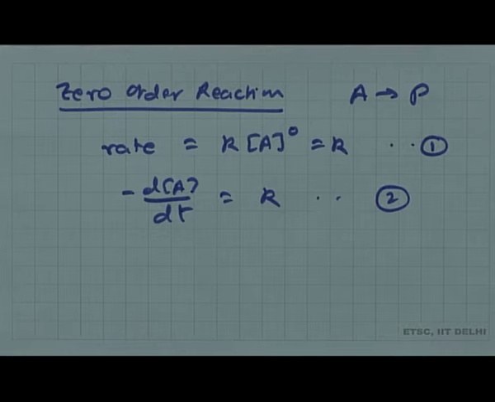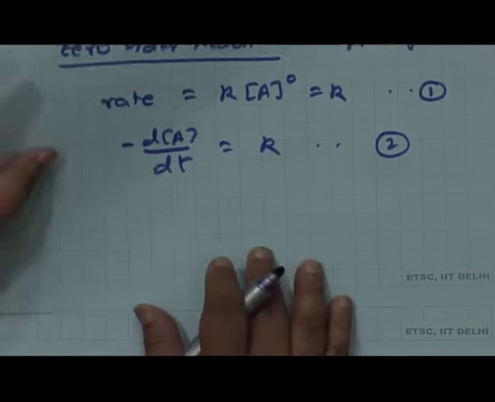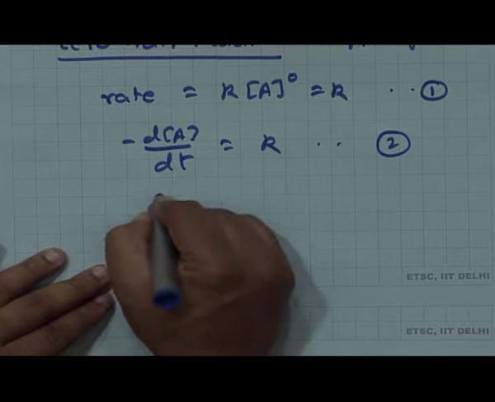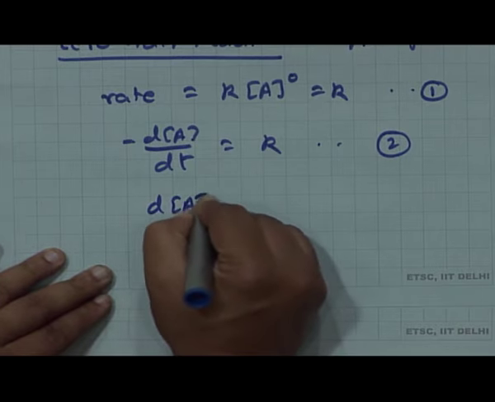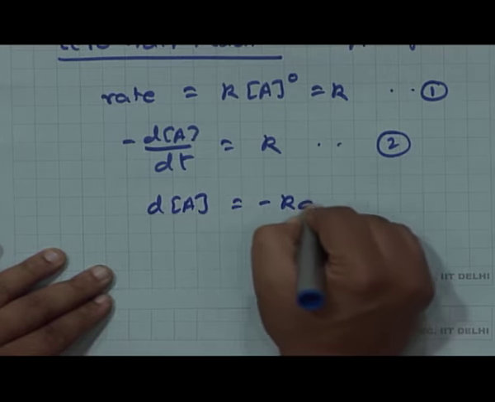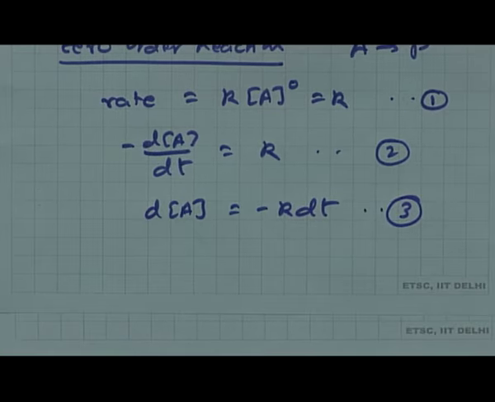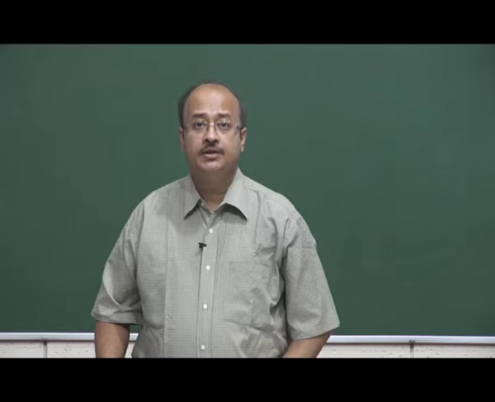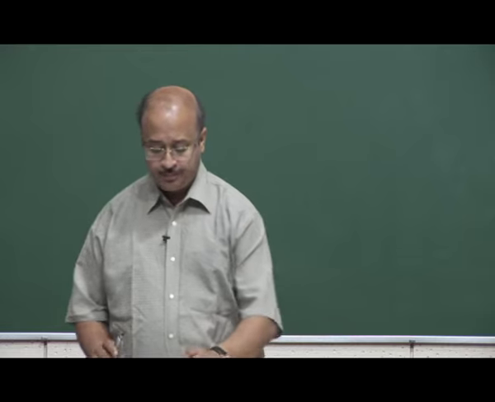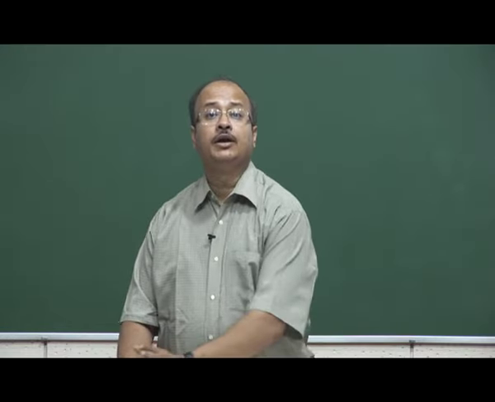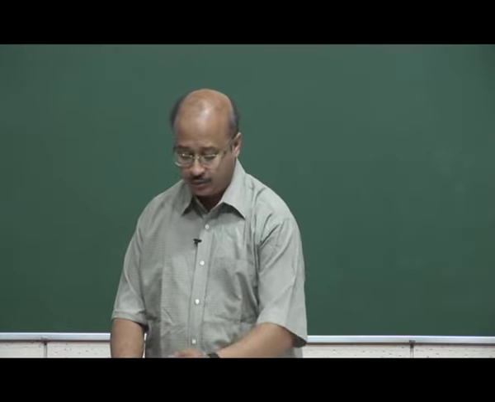Now, what we will do is I can write this again as dA is equal to minus K dt. So, I have two sides, two variables, one is dependent upon the concentration of A, the other one is dependent upon the variable t, which is time. Okay. So, what we will now do is we will integrate both sides.